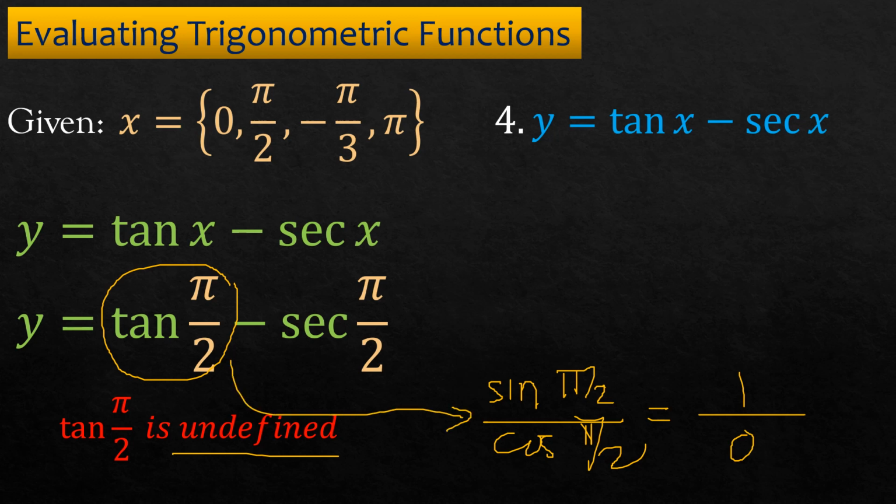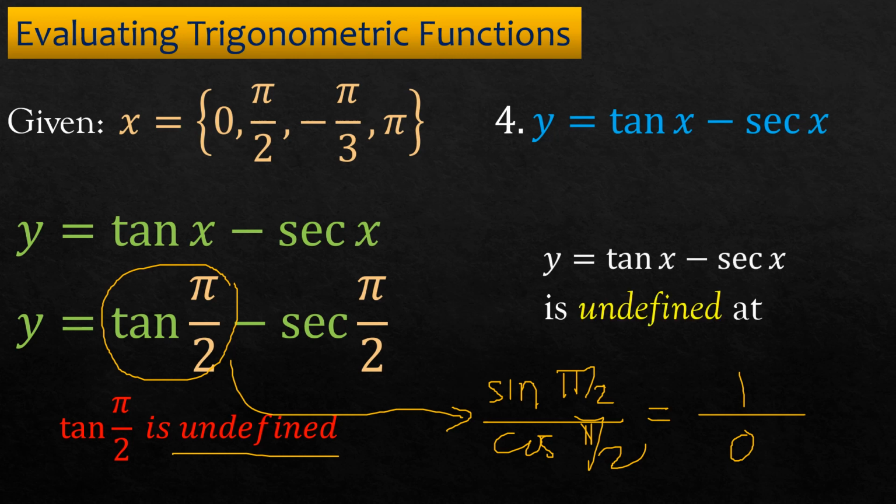Tangent pi over 2 is undefined. And because of that, the entire operation will now be undefined at x that is equal to pi over 2. When one term is undefined and added to defined values, the resulting answer is undefined.